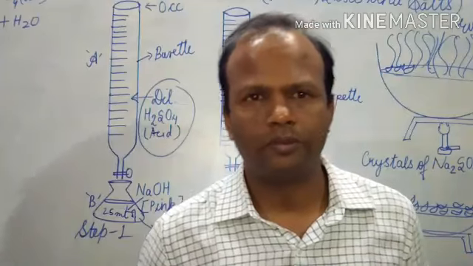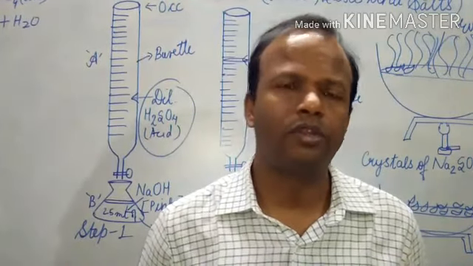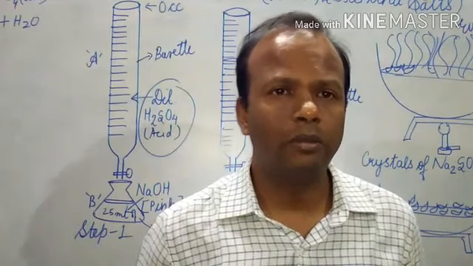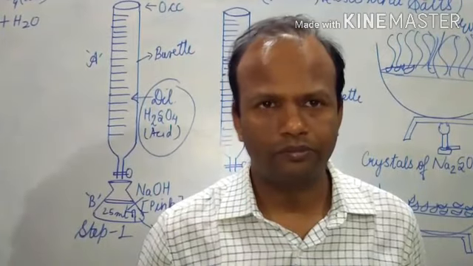Now the fourth chapter, analytical chemistry, or you can say 3B. This is 3A, 3B. 3B analytical chemistry is to be done by you. Why? Because it needs a lot of cramming.